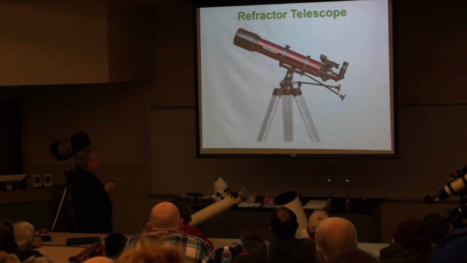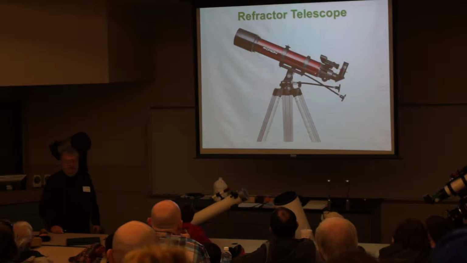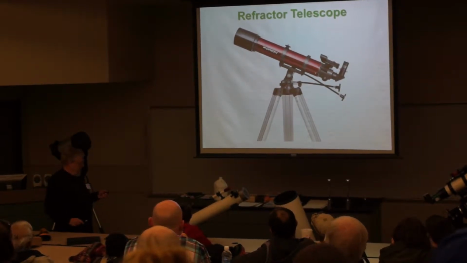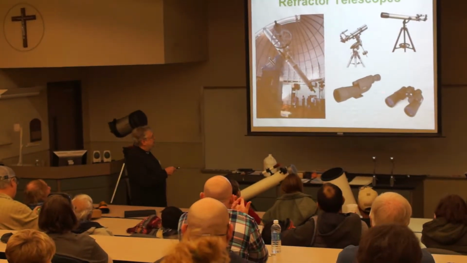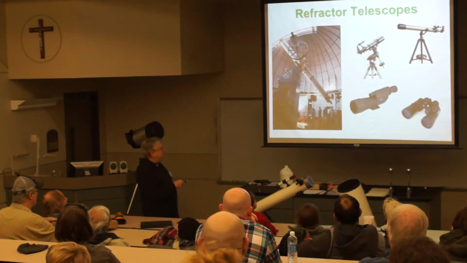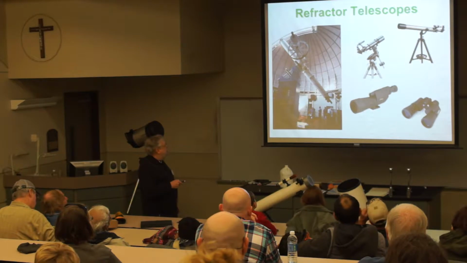Yeah, the lens up in the front end of the telescope, and you look through the back of it. Like I said, this is what people think of. Most of the early telescopes were of the refractor design. Binoculars are refractor telescopes, so are monoculars. Here are a couple of commercially available ones, and a big one.